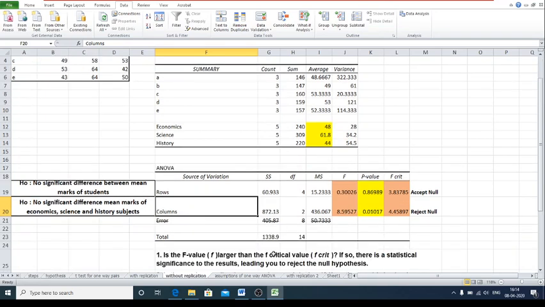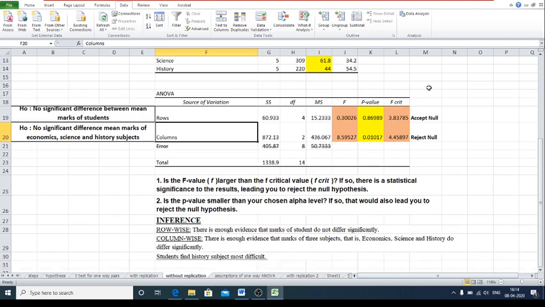The output table is this: rows, columns, error. Error information is irrelevant. So for us we are looking at rows and columns and finding out answers for these two separate hypotheses. The decision rule remains the same.